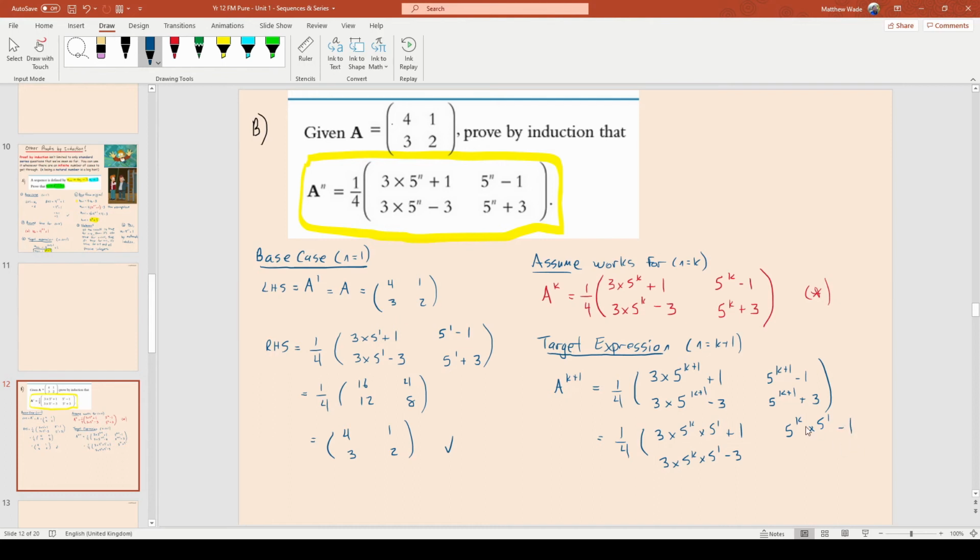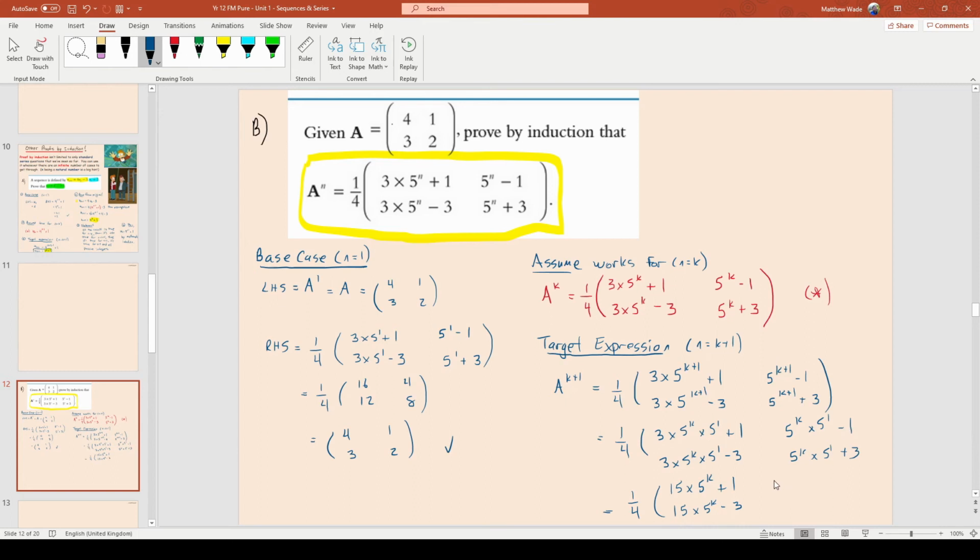But this is good. Okay, and then this one here is going to be 5 to the k times 5 to the 1 plus 3, which means that we're going to get a quarter. And we're going to get here 3 times 5 is 15 times 5 to the k plus 1. Here we're going to get 3 times 5 is 15 times 5 to the k, take 3.